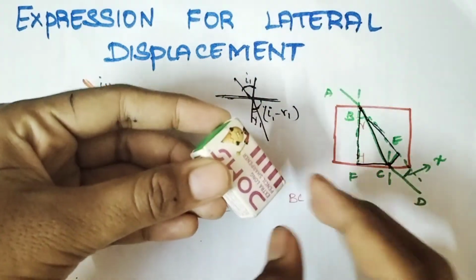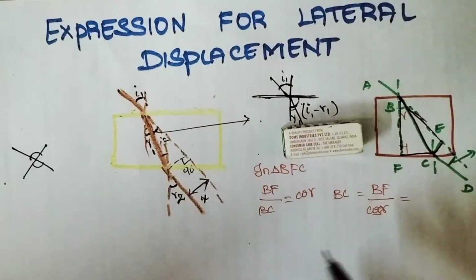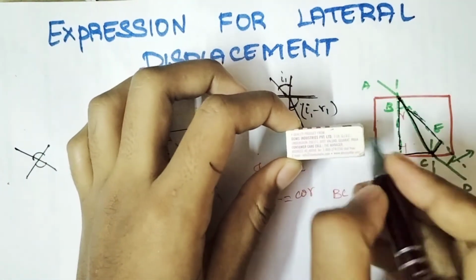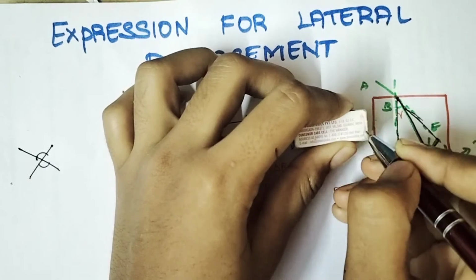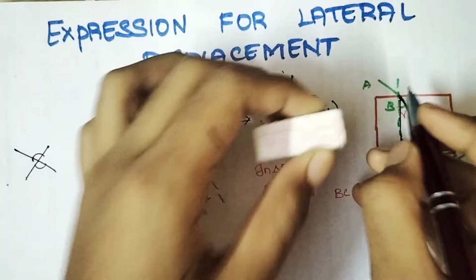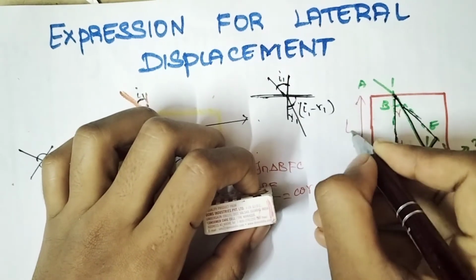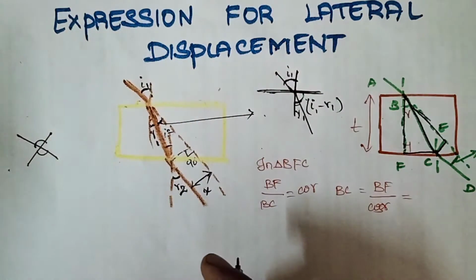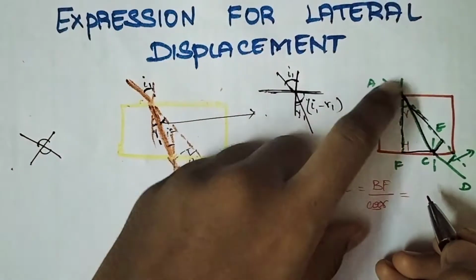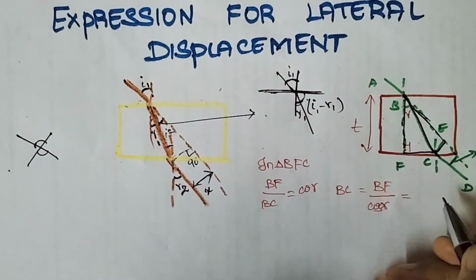Compare this. This is the thickness. If I take this as T, likewise this glass slab also, this one is T. Then I can write BF to be T here.